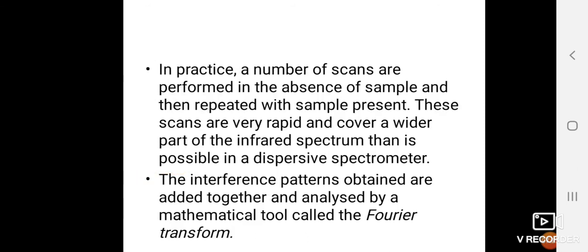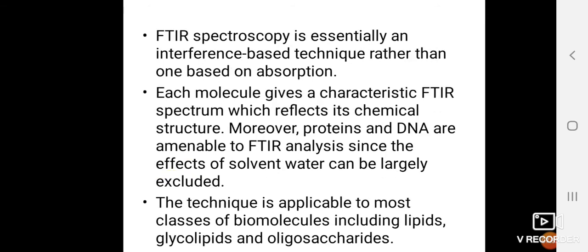So in practice, a number of scans are performed in the absence of sample, and they are repeated with the sample. These scans are very rapid, and they cover a wide spectrum of the IR region, giving an interference pattern that is added together and analyzed through a mathematical tool called Fourier transform, because thousands of spectra are obtained simultaneously and superimposed on each other.